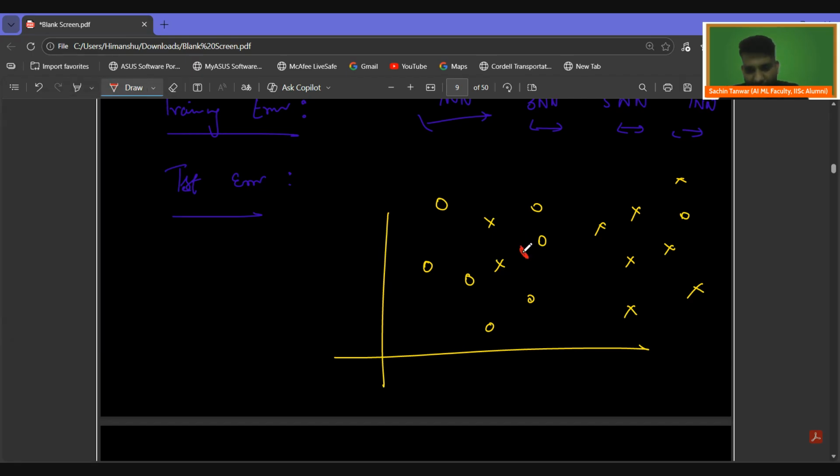If it is on the left of this, it would be called a cross. If it is on the right hand side, it would be called a circle, something like this. And we'll be having something like this. This is based on one nearest neighbor.